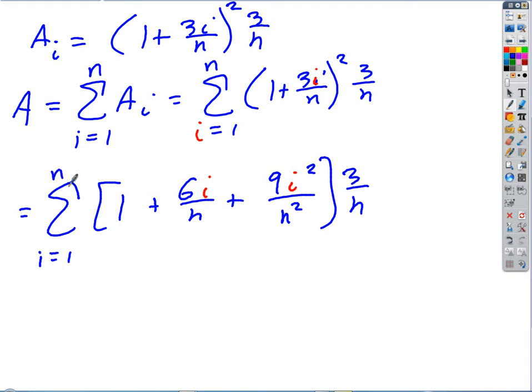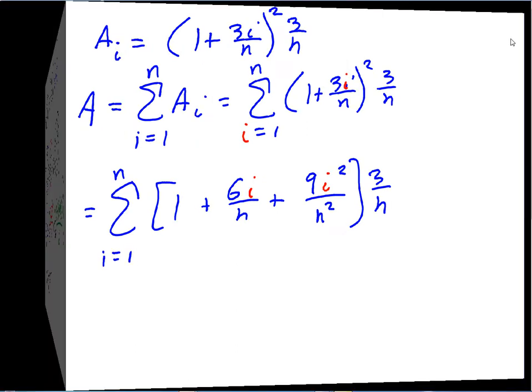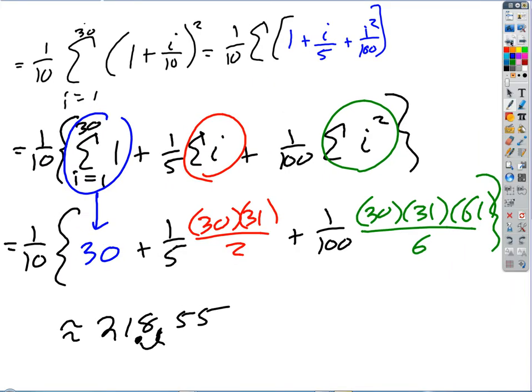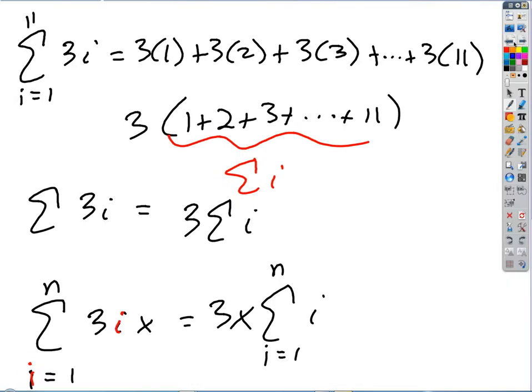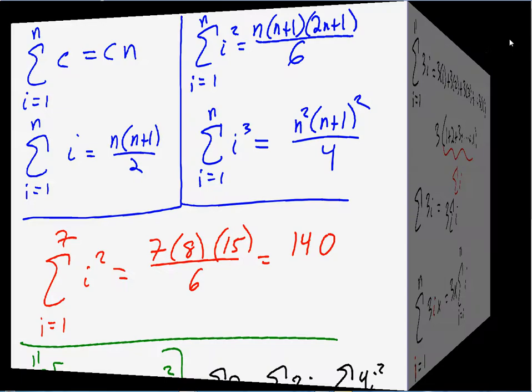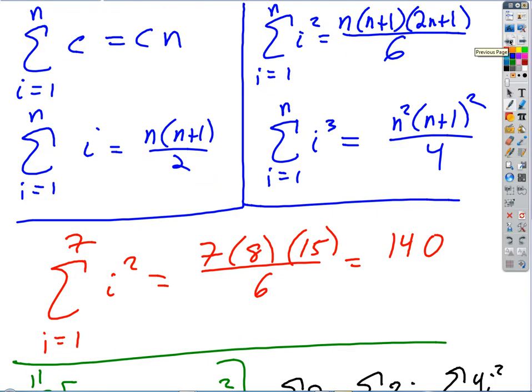Okay, now here's where we can break this up term by term, right? And remember, we had a whole bunch of summation formulas that we're able to fall back on now. So just right back here somewhere. There. And so by just using those formulas, we're able to actually take those sums and get answers in terms of n, which we haven't pinned down yet.